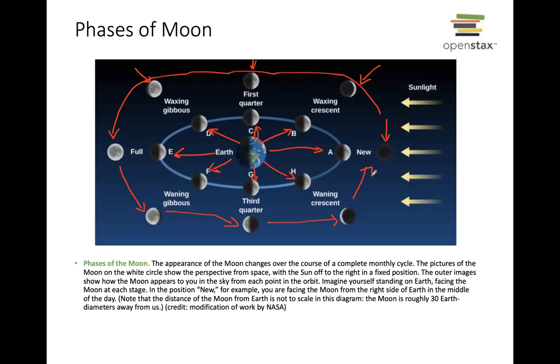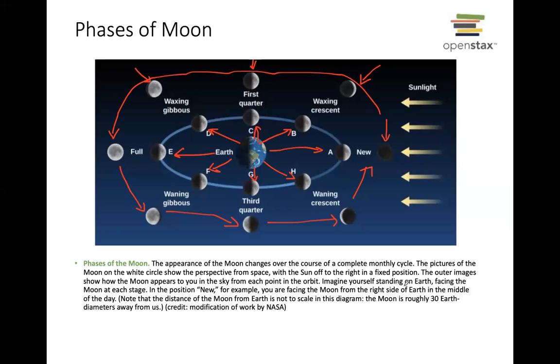Other than that, as you see in this inner blue circle, half of the moon is always illuminated by the sun, right? So I have mentioned it here. The outer images show how the moon appears to you in the sky from each point in the orbit.